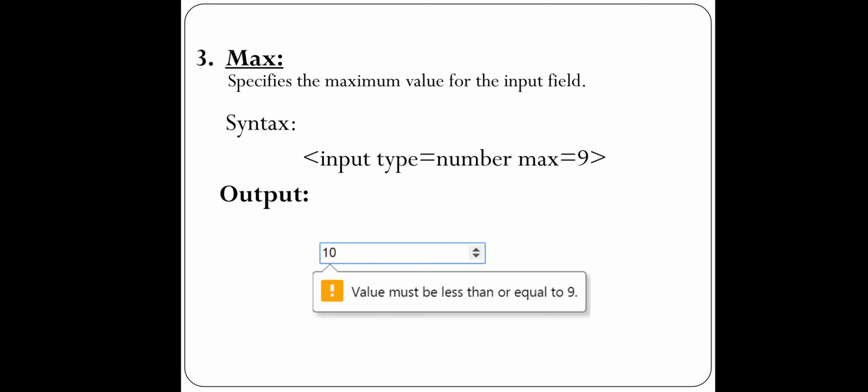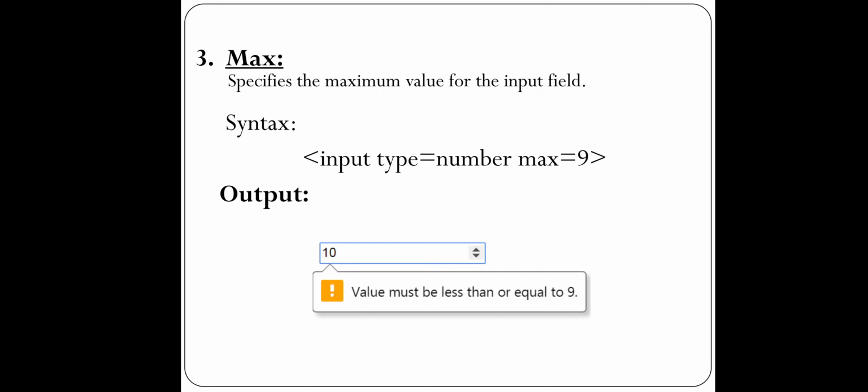Next, third attribute is max. So it is similar to minimum, whatever we saw just now, only the value entered must be less than or equal to the mentioned value. Previously it had to be greater than, and in max it should be less than, right? So we'll see in the example what it is given.